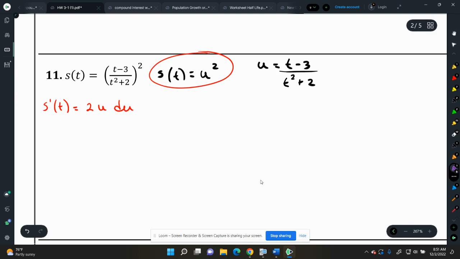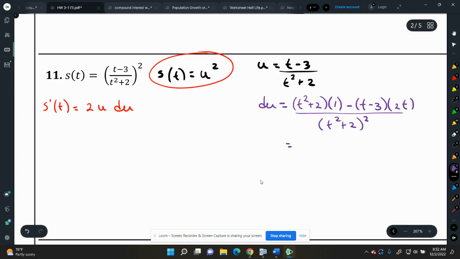So over here, I've got to figure out what du is. So now we're going to do low d high over high d low. So we've got low d high. What's the derivative of the top? 1. Minus high d low. What's the derivative of the low? 2t. Over t squared plus 2 squared.